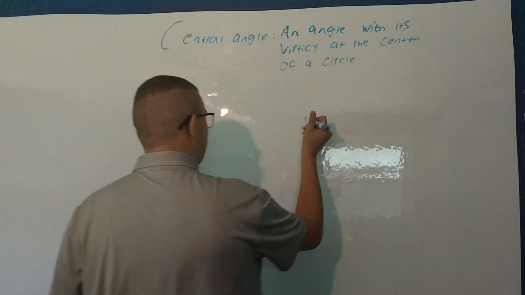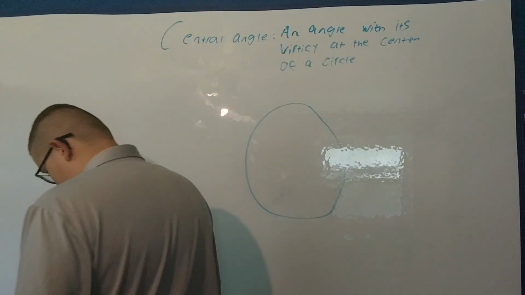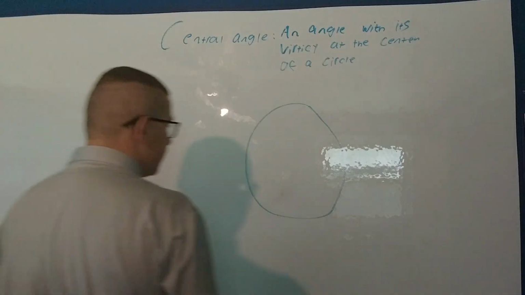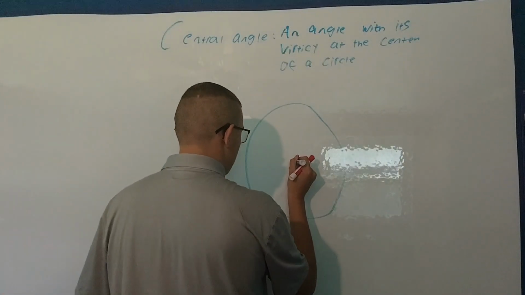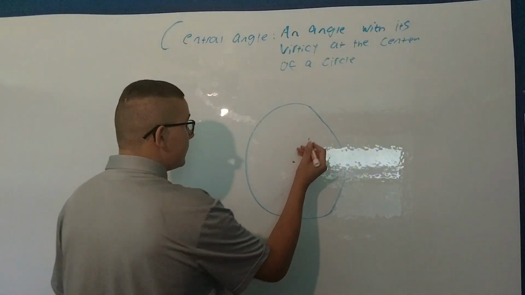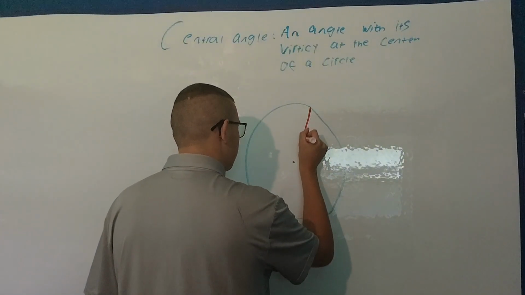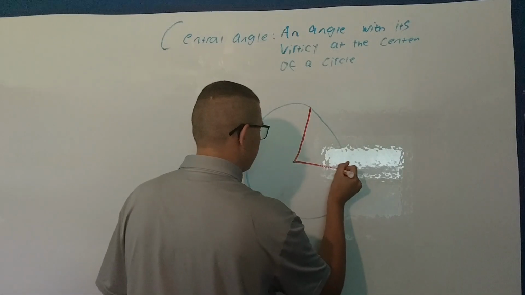So what this would look like here is if we have our circle, and our center is like here-ish. This angle, its vertex would be here, and then it would come out like this.